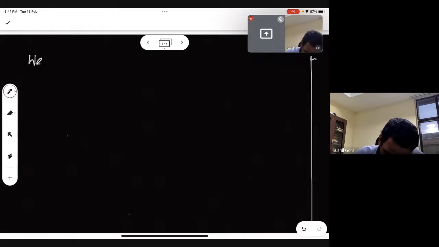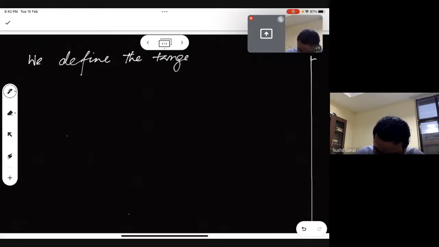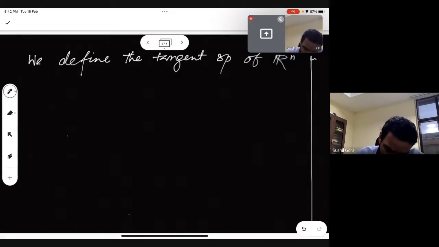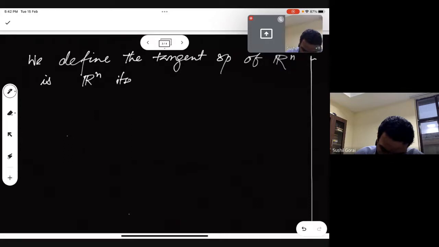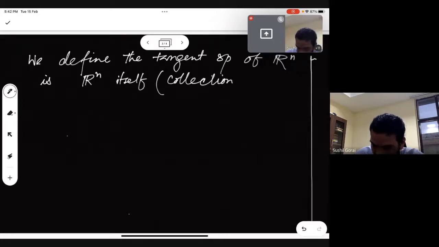We know, or we define, the tangent space of R^n to be R^n itself, which is the collection of all vectors.